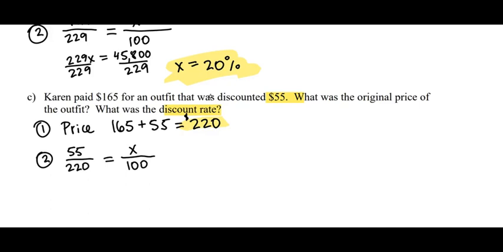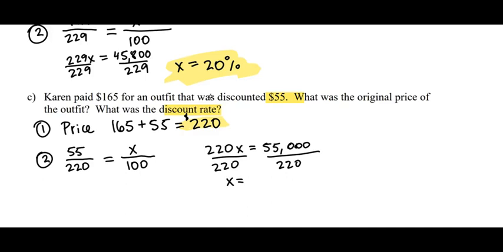All right, so using cross product, you have 220x equals 55,000. Now we're going to divide it by 220. 55,000 divided by 220, we have 250.